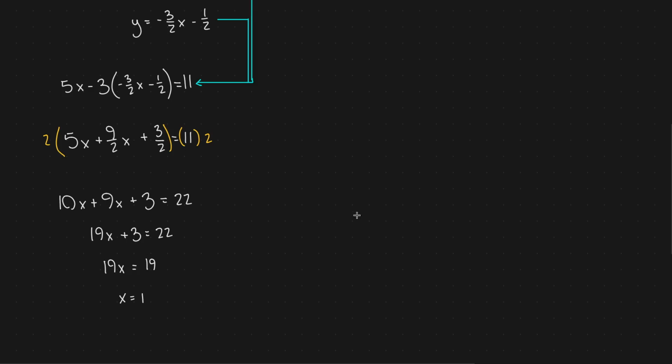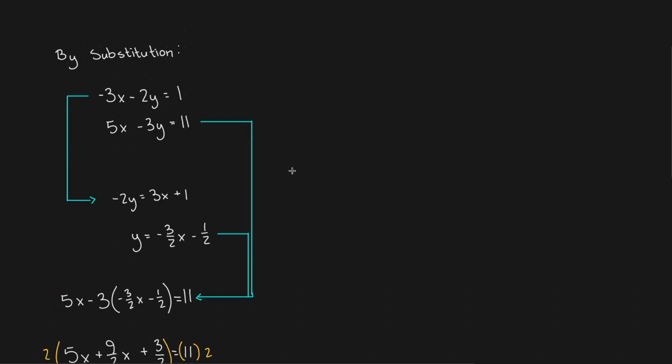Okay, now notice I'm not done. A solution to a system of equations is a point that solves all the equations in the system. Since I'm in two-dimensional space, a point would be an x and a y together. I found the x, I still need to find the y.